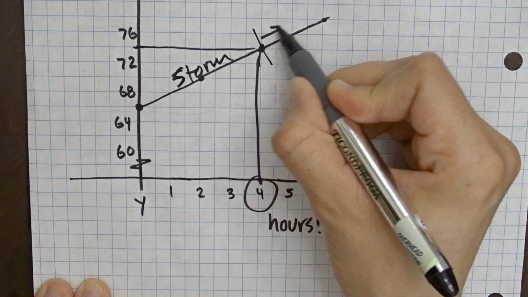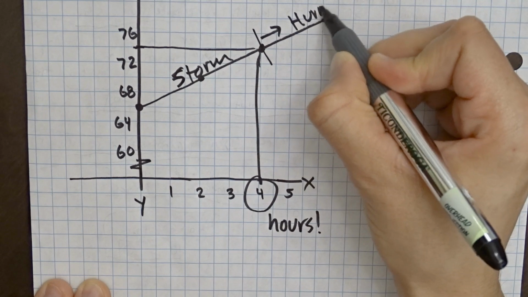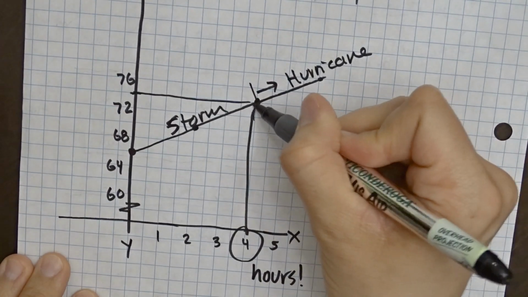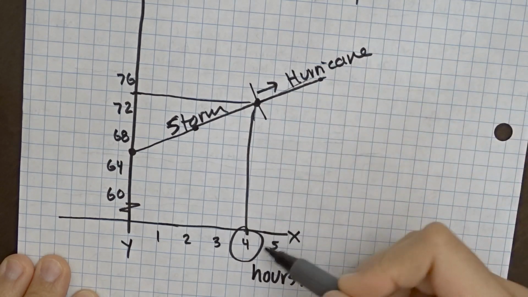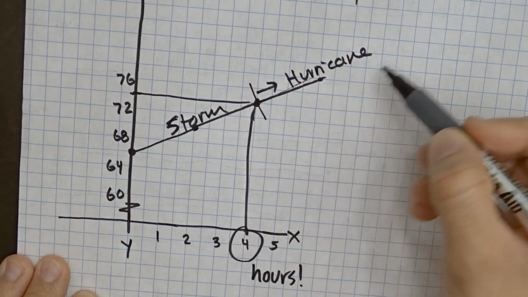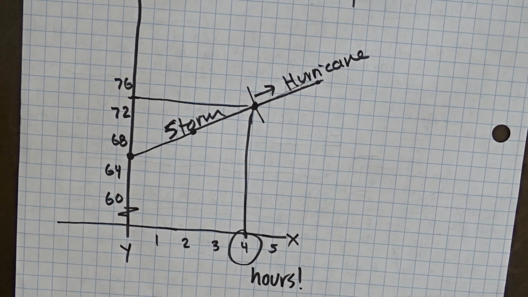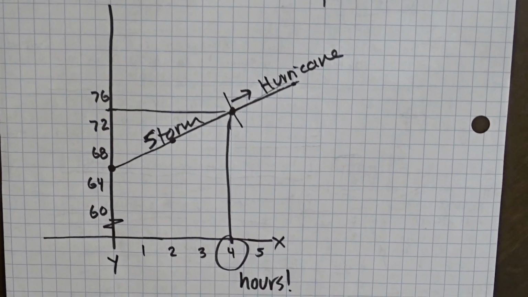And then from here over here, it becomes a hurricane. So this was the point at which it became a hurricane. And then as more time goes by, obviously the hurricane gets worse before it gets better. And there you go. That's the real life application, how we use linear equations to predict future results in data.